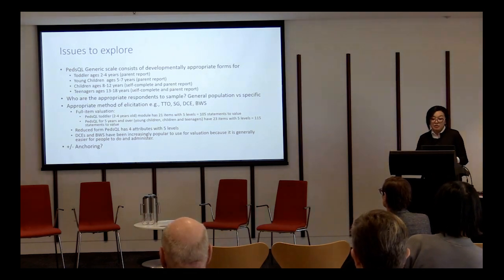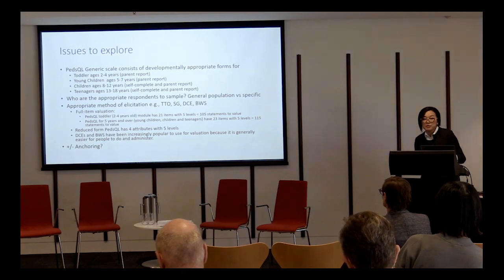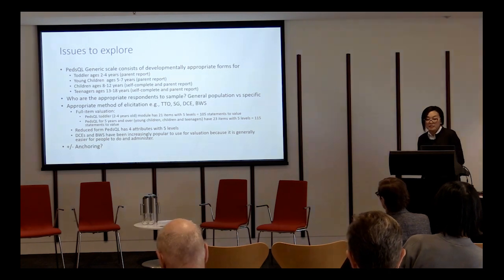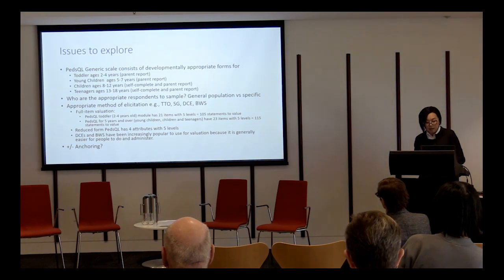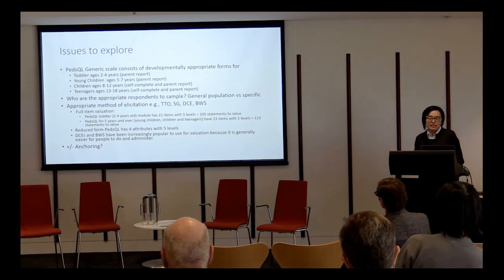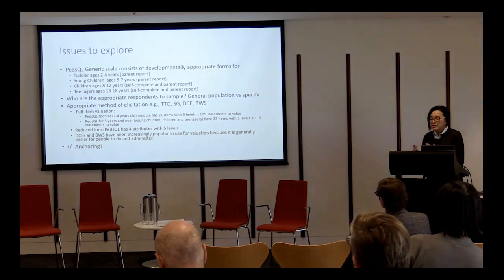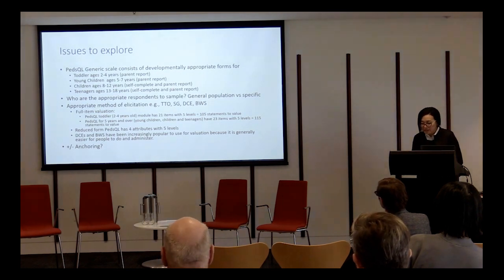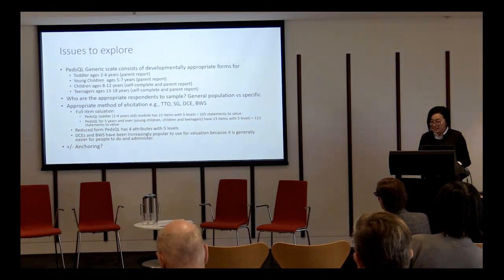Should we sample the general adult population, which is the general approach in health economics because they're the taxpayers, and we're making decisions about funding of treatments, drugs, and services? Or should it be the specific group these instruments were intended for, in this case kids? That's a consideration we need to think about.